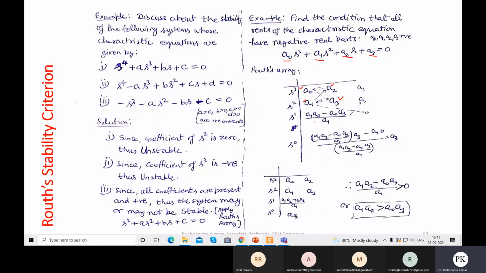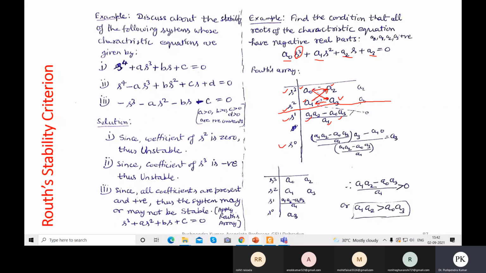Now we write the powers: s^3, because the highest power n is 3, then s^2, s^1, s^0. So two rows are written. Now the first column of the third row will be a1 a2 minus a0 a3, divided by a1.